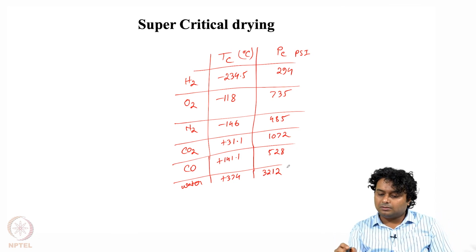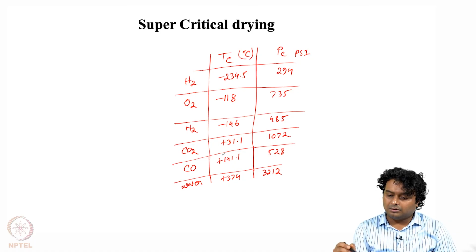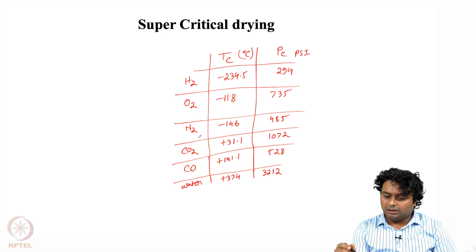So you see here CO2 is most achievable because the temperature is almost in our room temperature region, whereas for all the other cases it is either very high or very low, which is difficult for us to get, because initially we have to start below the critical point, because we need liquid CO2. Liquid N2 also can be used, and it is very frequently used for different purposes, but here liquid CO2 is more preferred.